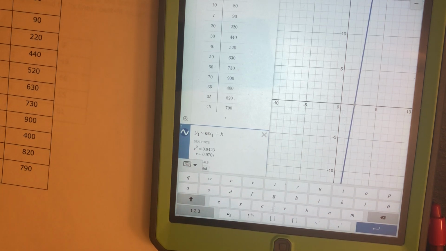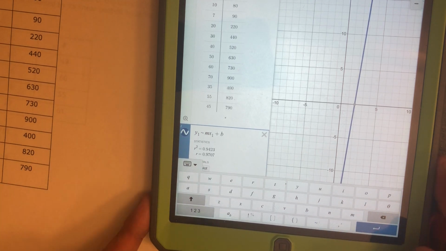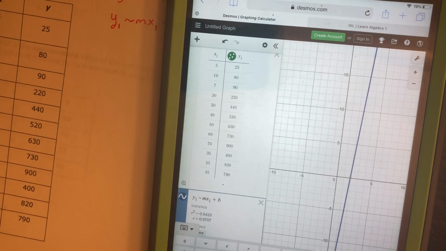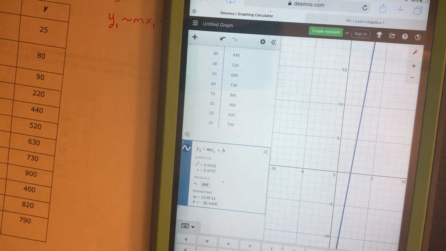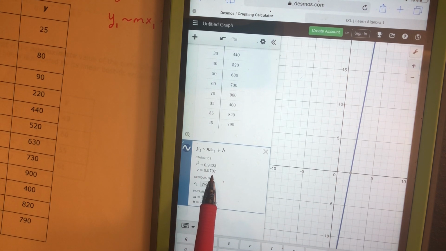Okay? And now that I have that information, it gave me the line of best fit, the linear function, or the line that best fits this data. Now, looking at the information that they gave you, the only thing we care for is the R equals 0.9707.